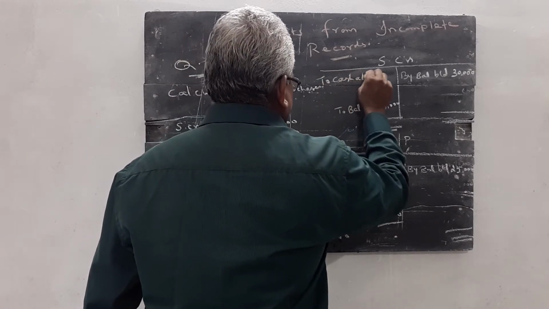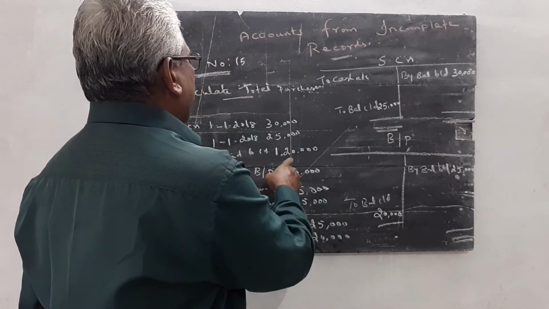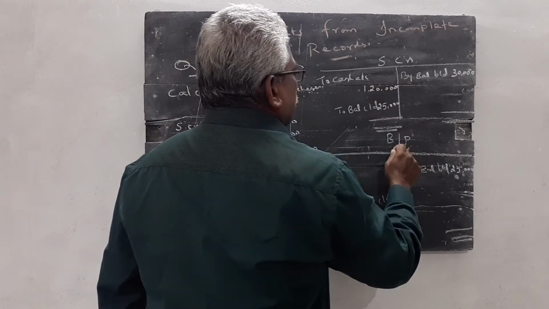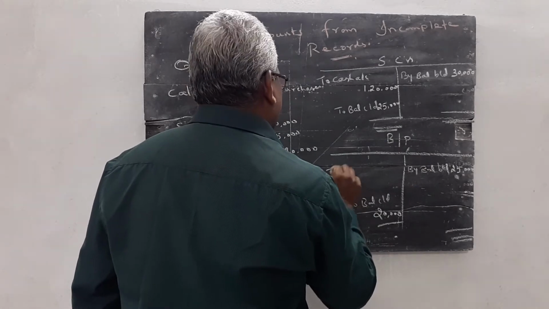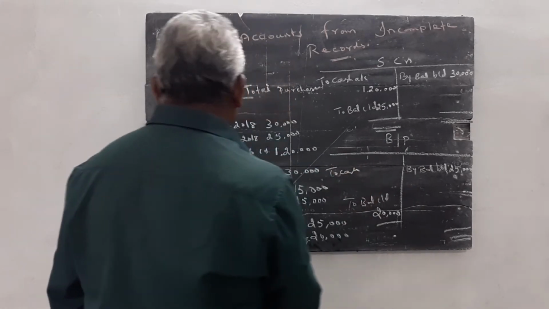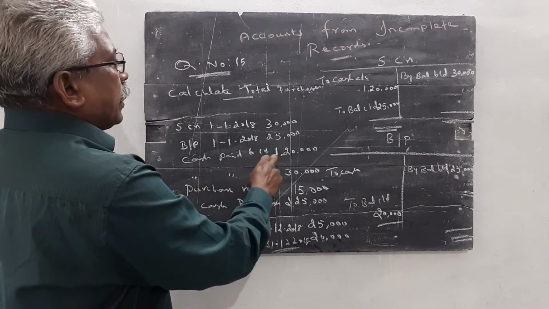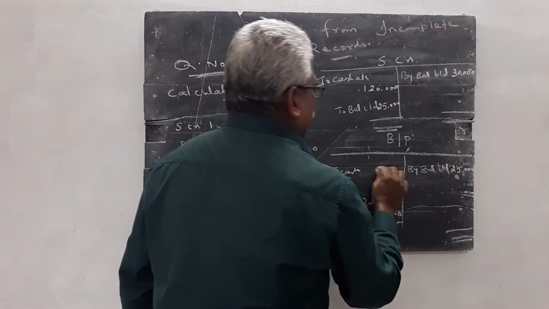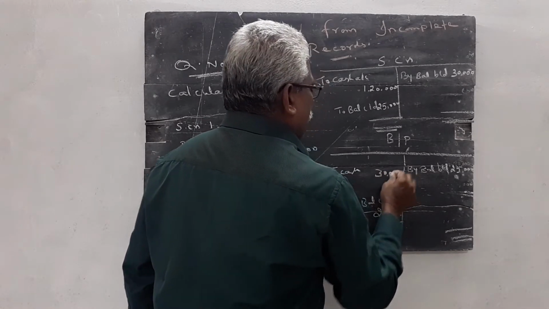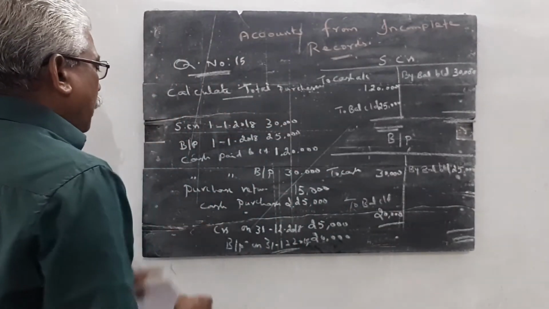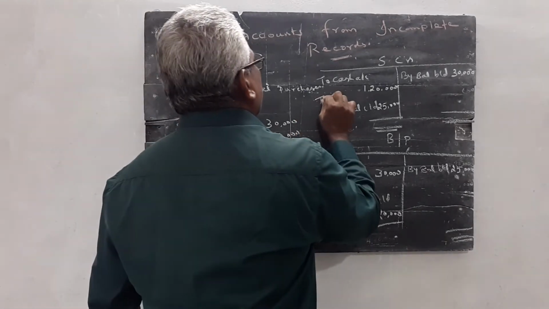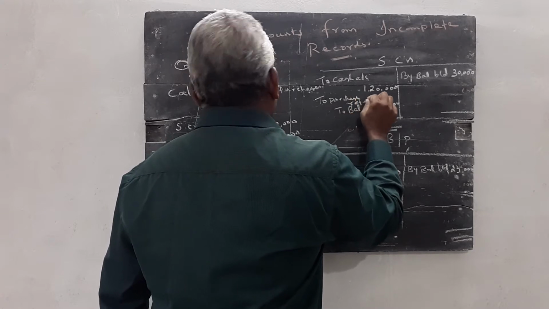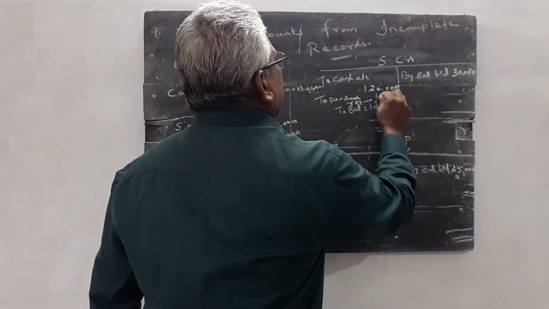Here we simply write cash account. Cash paid to creditors 1,20,000. Cash paid to bills payable 30,000. Then purchase return also entered here. To purchases return 15,000.